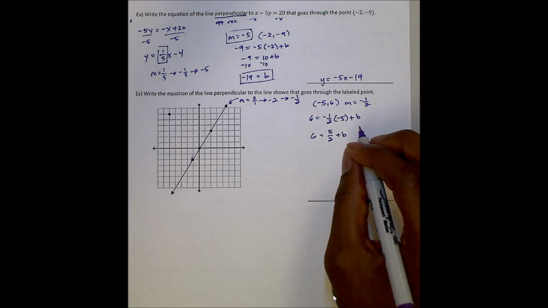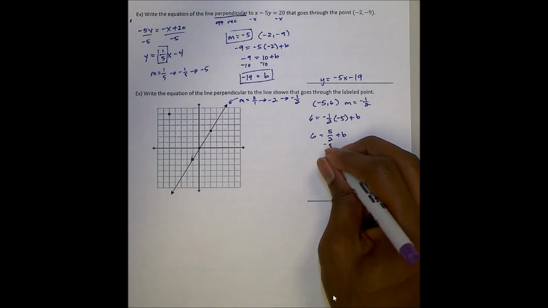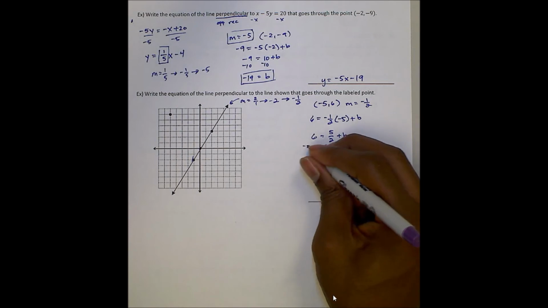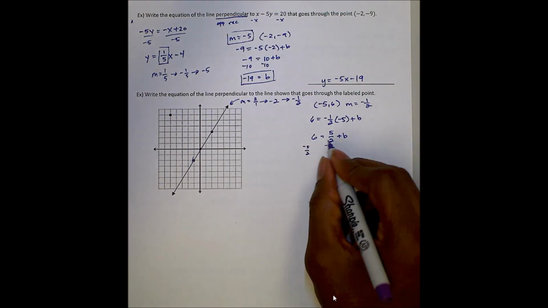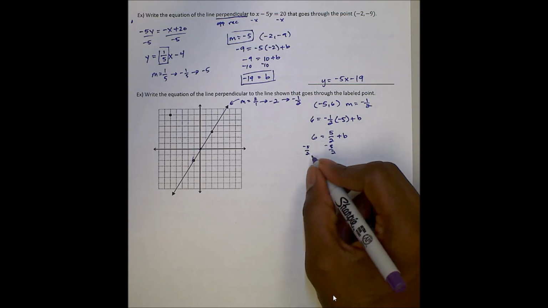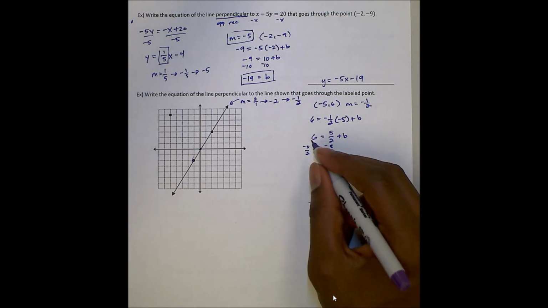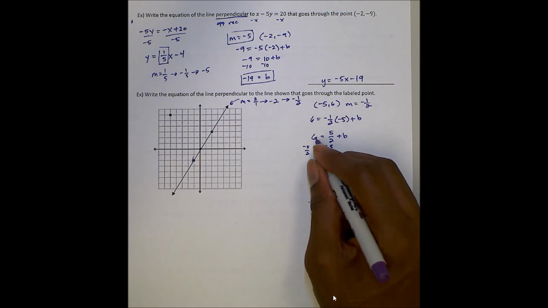Now to get b all the way by itself, I'm going to subtract 5/2 from both sides. Now this can be a little bit difficult because 6 isn't a fraction. In order to subtract fractions, we need to have common denominators. And so I'm going to make 6 into a fraction with a common denominator. Right now 6 is a fraction over 1.